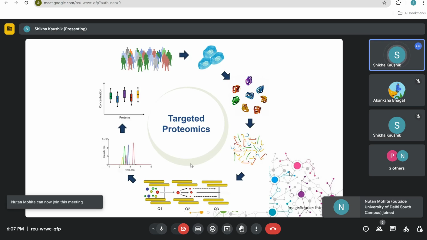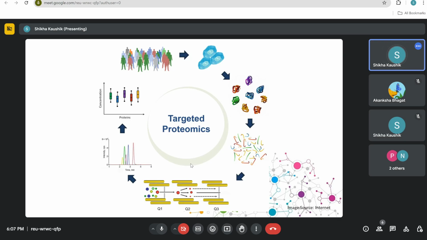This is not discovery proteomics. In discovery proteomics, you are not aware of any prior knowledge, but you want to know the global proteome of a particular cell, organism, or tissue, as well as see the changes.